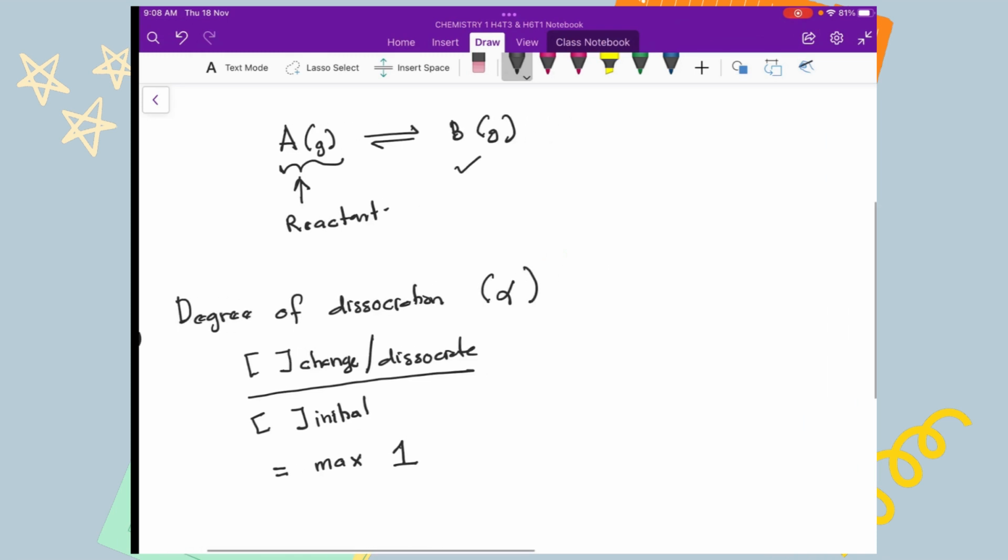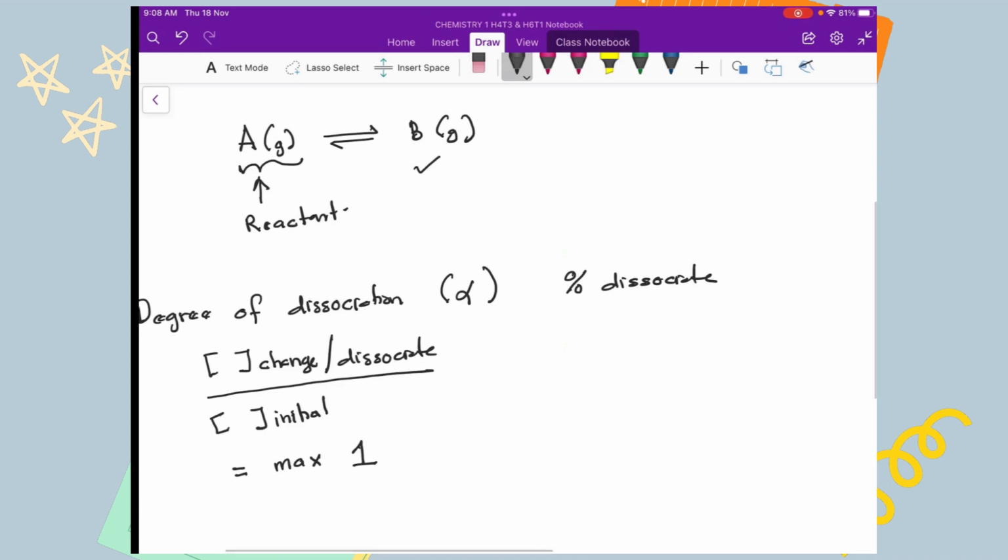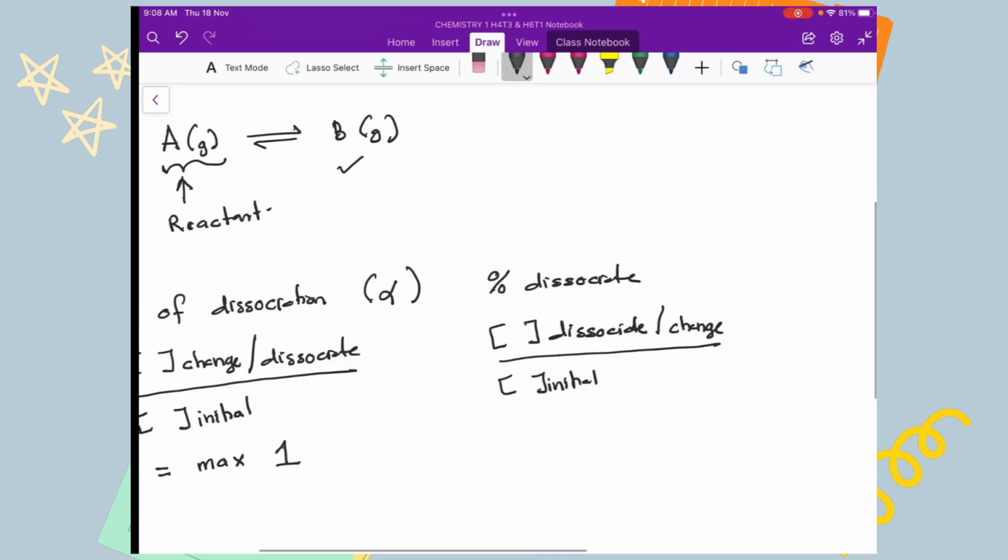The second way to express the degree of dissociation is by using the percentage dissociated. The formula is still the same: the concentration dissociated or changed over the concentration initial. Because we want the answer in percentage, we need to multiply by 100%.